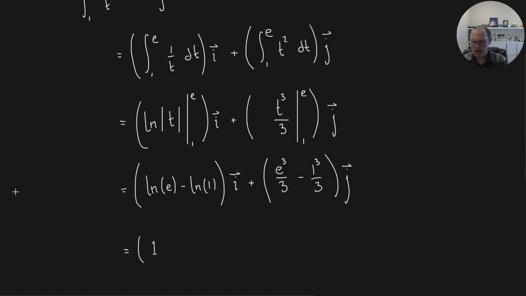Remember, natural log is just the opposite of an exponential function. So if, say, y equals natural log of e, that also means e to the y equals e, because this is log base e.